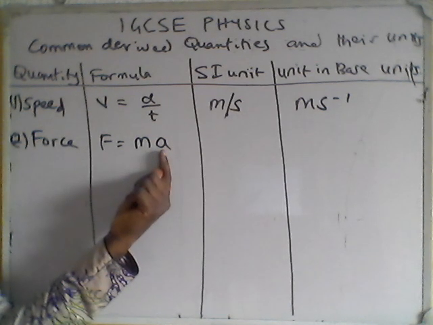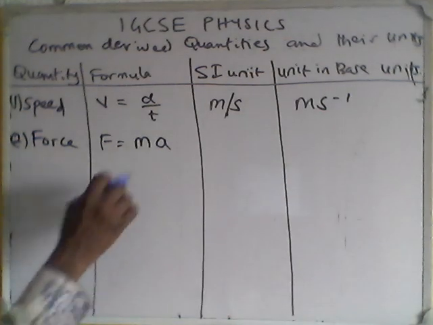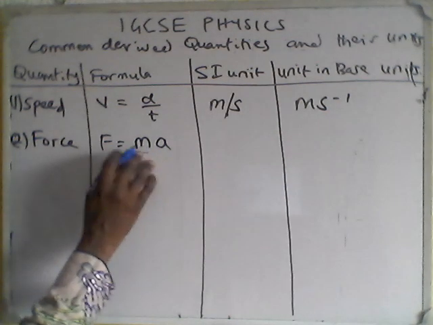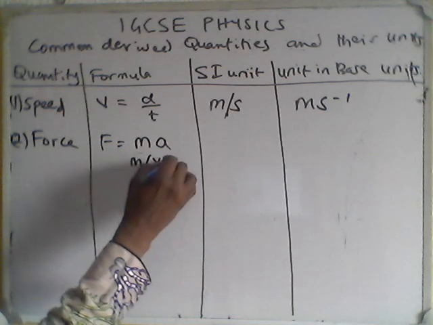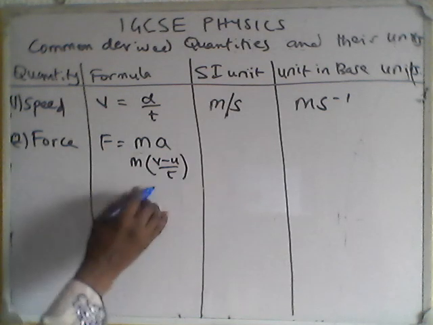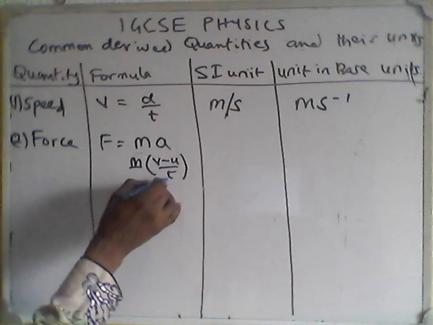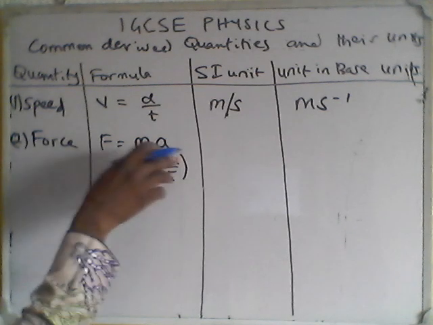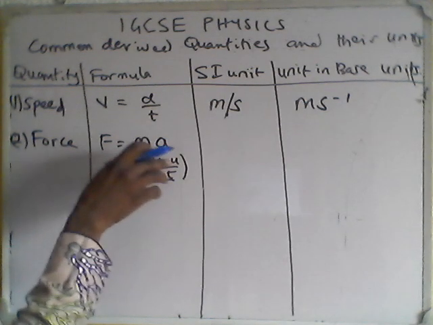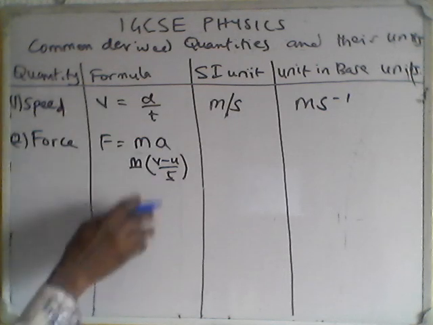So it's a long haul. Let me break it down. Mass is a fundamental quantity. We know that. But acceleration is actually the change in velocity over time. Velocity is not fundamental as well, but recall that velocity is actually the change in distance by change in time.